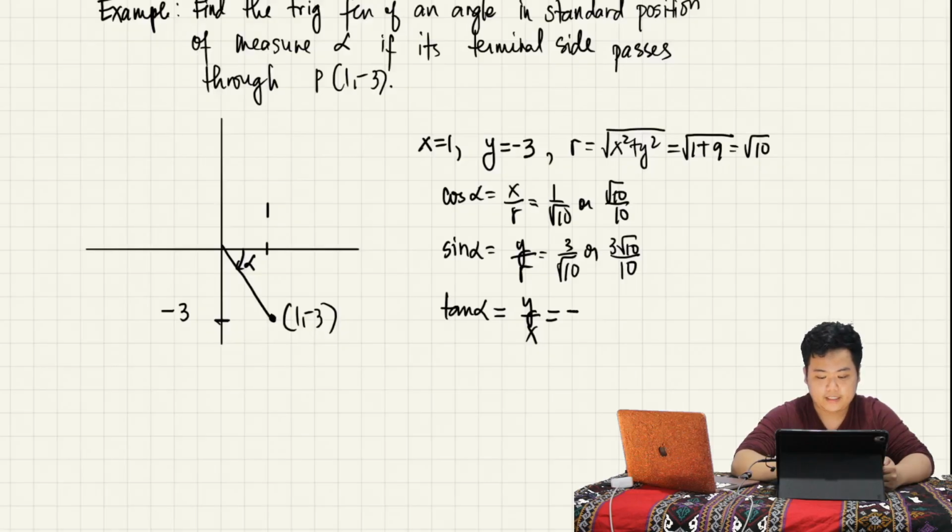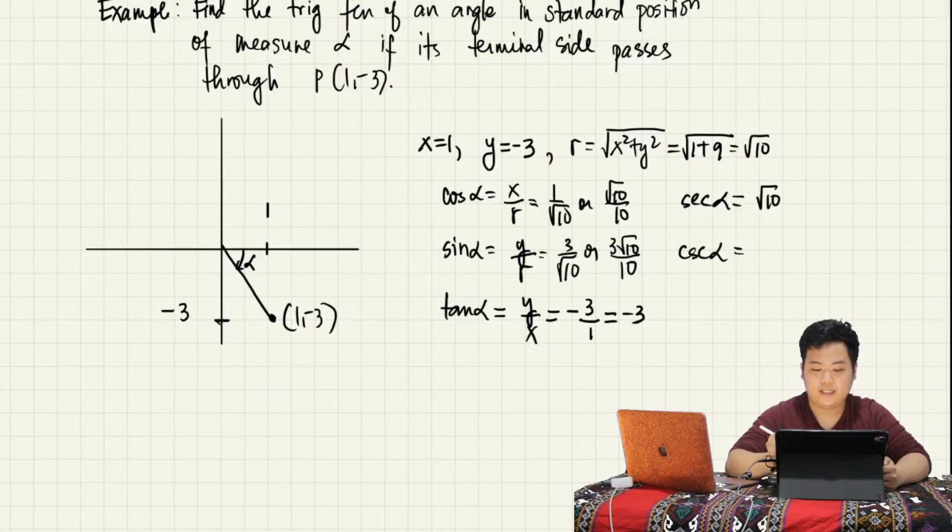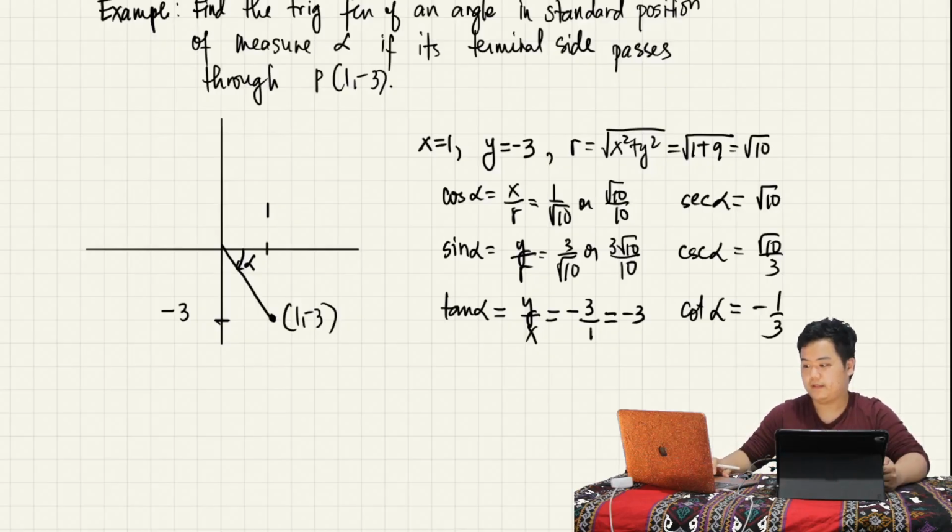Our y is negative 3, our x is 1, so negative 3. And secant alpha, the reciprocal of cosine, is square root of 10. And cosecant alpha, the reciprocal of sine, is square root of 10 over 3, negative. And cotangent alpha is the reciprocal of tangent, negative 1/3. Okay?